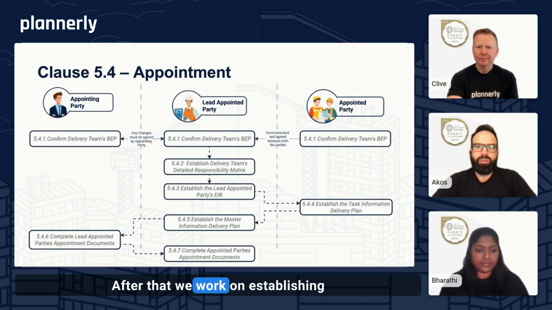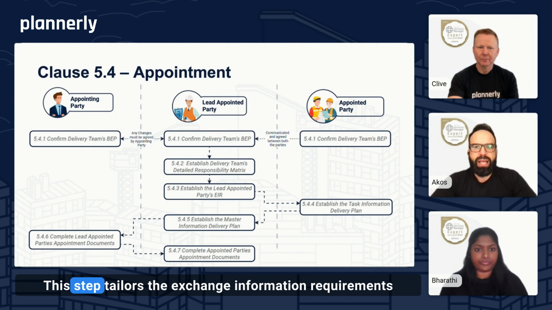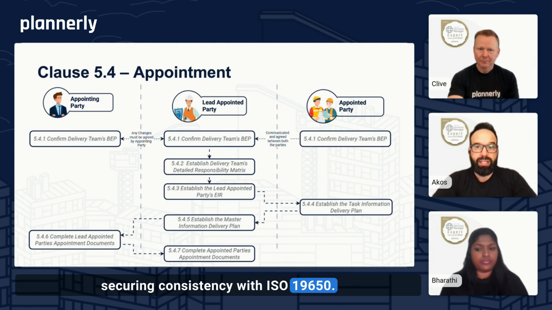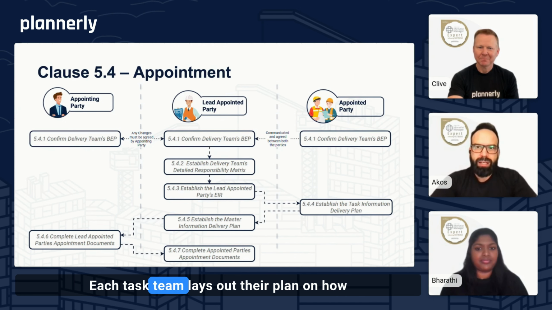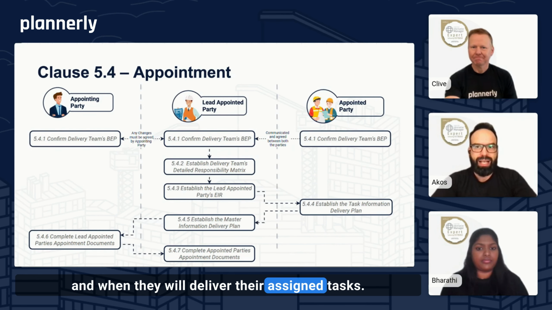After that, we work on establishing the lead appointed party's EIR. This step tailors the exchange information requirements to the specifics of the project while securing consistency with ISO 19650. Then comes establishing the Task Information Delivery Plan, or TIDP. Each task team lays out their plan on how and when they will deliver their assigned tasks.